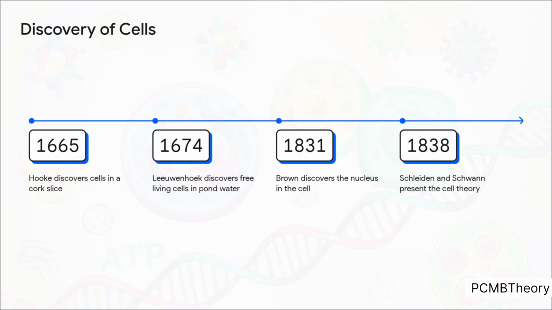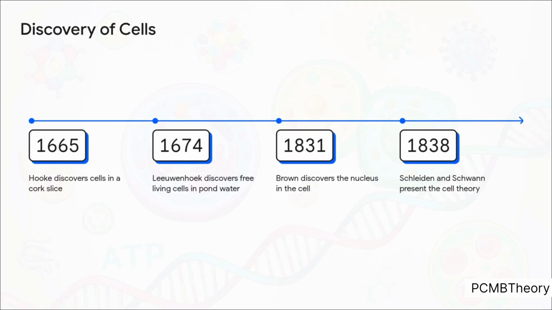And this whole thing culminated around 1838 and 1839 when biologists Schleiden and Schwann presented the foundational cell theory. Basically, they proposed that all plants and animals are composed of these exact same basic units of life. This was later expanded to include the absolutely crucial point that all cells actually arise from pre-existing cells. We went from a piece of cork to a unified theory of biology.